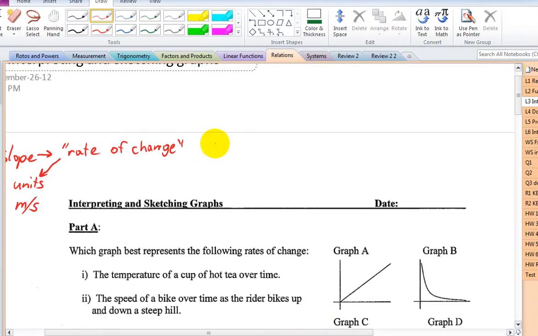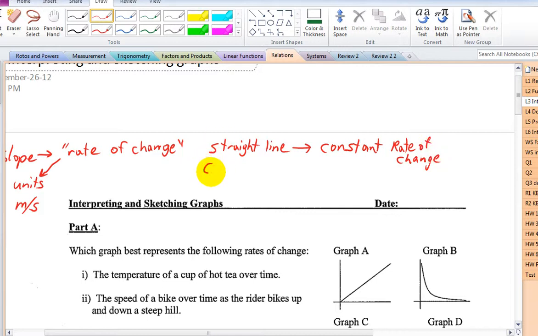So first of all, when we have a straight line, that means that we have a constant rate of change. It doesn't mean that there isn't a rate of change, that no change is happening. But if we have a straight line, it's a constant rate of change.